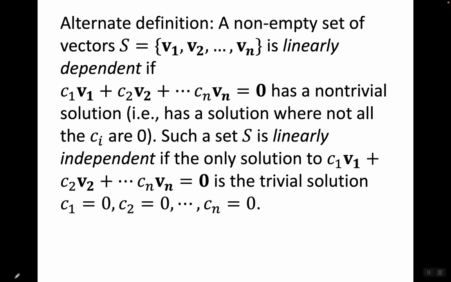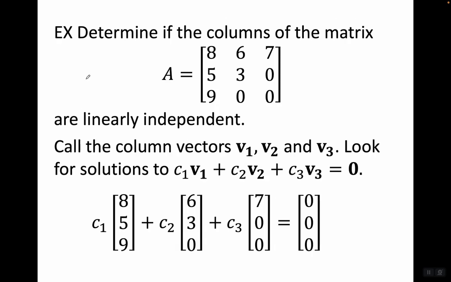Such a set is linearly independent if the only solution to c1 v1 plus c2 v2 plus ... plus c sub n v sub n equals 0 is the trivial solution, c1 equals 0, c2 equals 0, ..., c sub n equals 0. In other words, it's linearly independent if the only way this is possible is if all the c sub i are 0. Okay, so let's determine if the columns of the matrix are linearly independent.